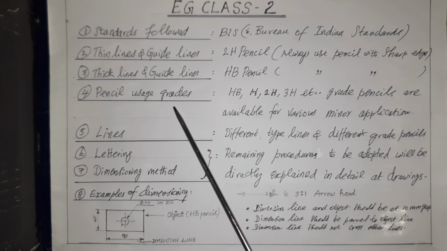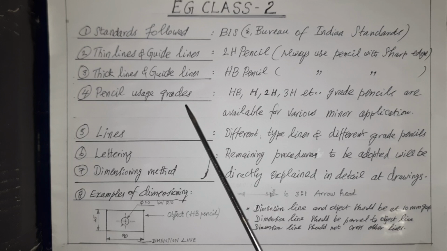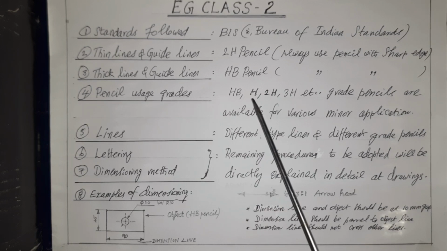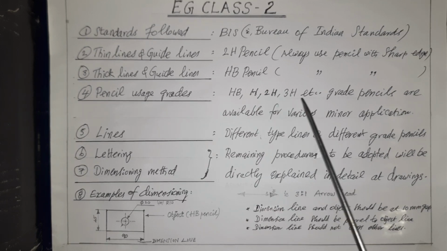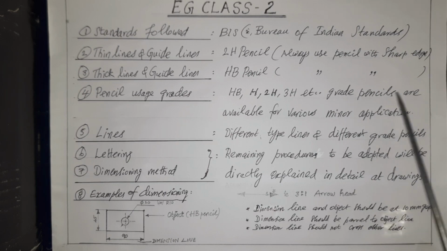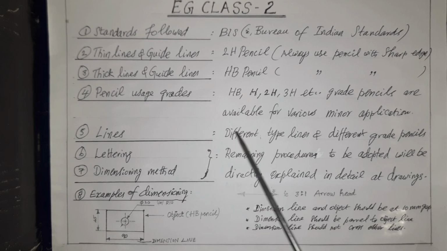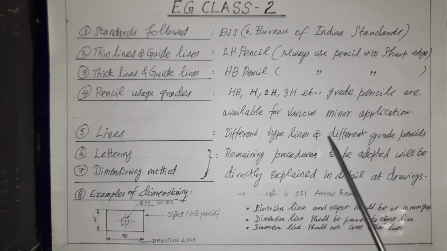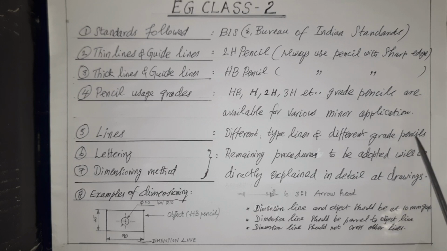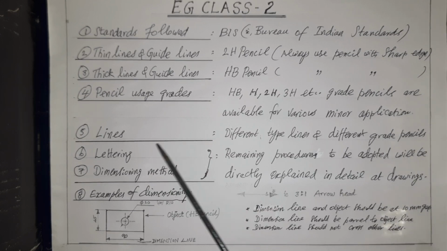Then regarding the fourth one, pencil usage grades: HB, H, 2H, 3H, etc. Grade pencils are available for various minor applications. Regarding lines also, there are different types of lines and different grade pencils available to apply in the lines.